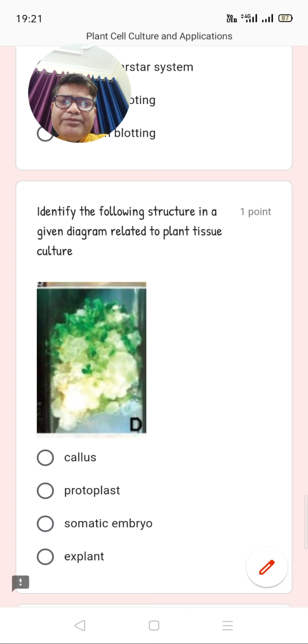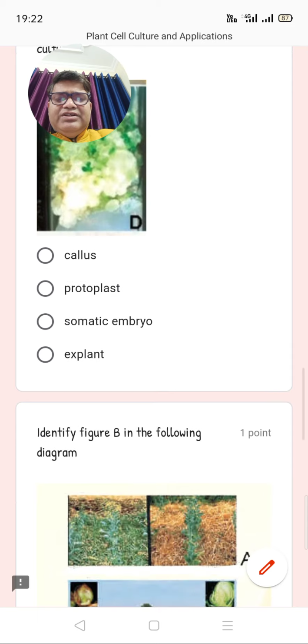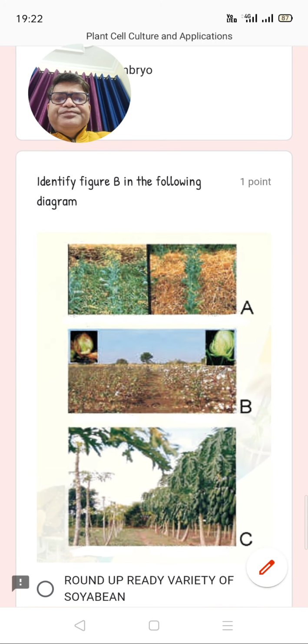This somatic embryo is derived from callus, and callus is derived from explant. So this diagram is completely somatic embryo structures.